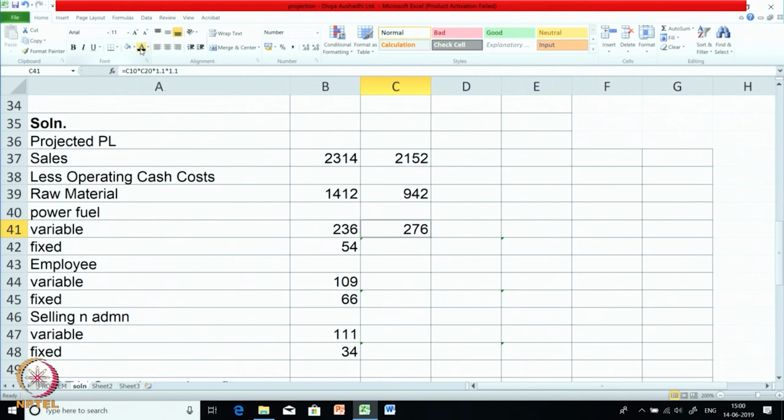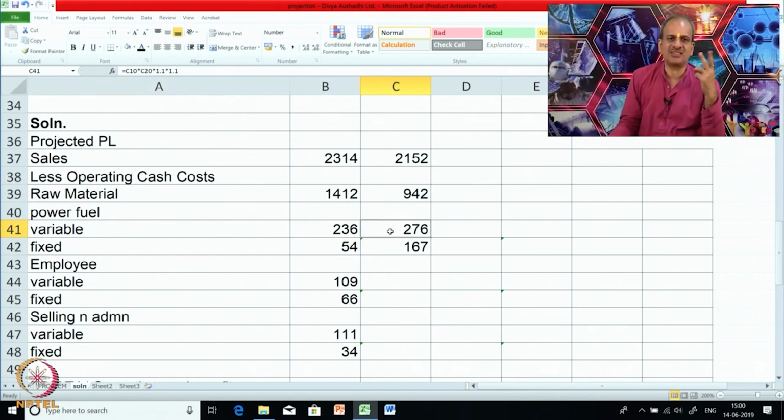I think you can do it now and just cross check with these figures. Fixed 167, fixed will only change because of change of cost, variable will change because of two factors, change of units as well as change of costs.